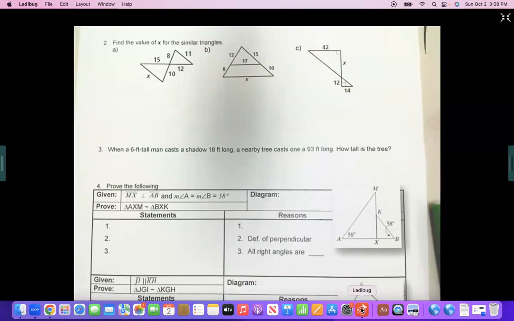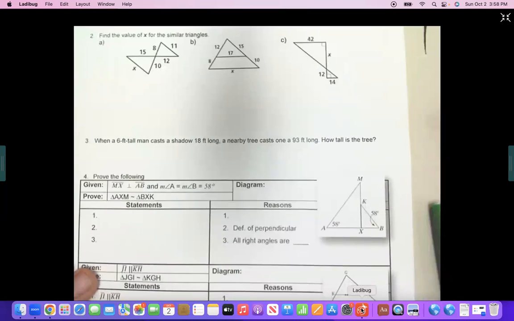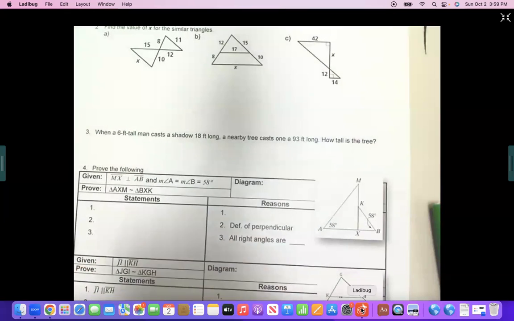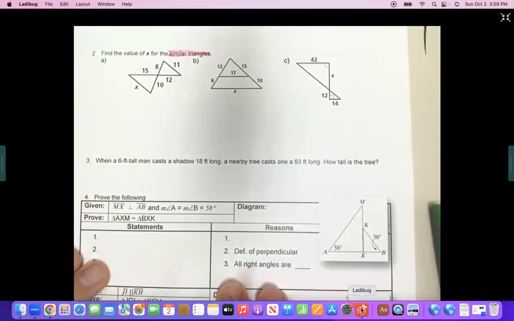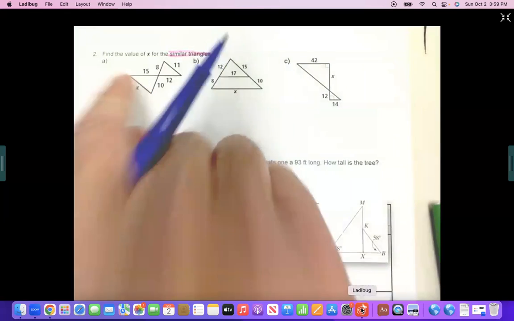Now, let's use these similar triangles to go ahead and find some missing lengths in the similar triangles. So this problem starts out by saying the triangles are similar. We don't have to go through the steps that we did on the last one to show that they are similar. We know from the beginning that they are. So let's go ahead and solve for x.